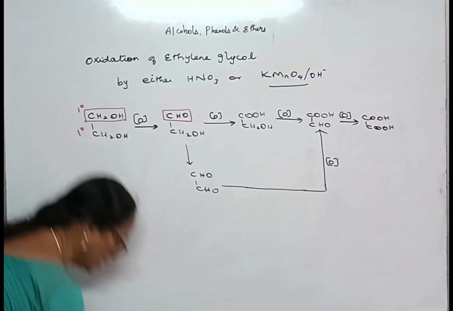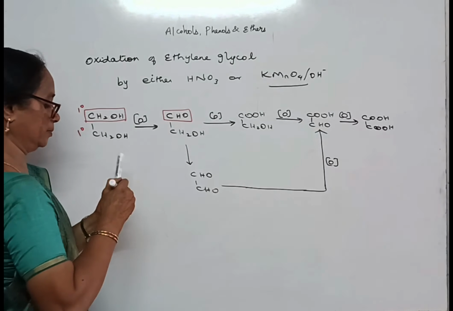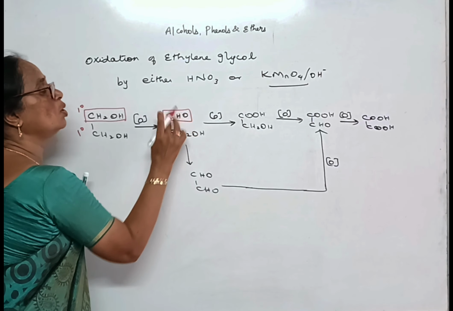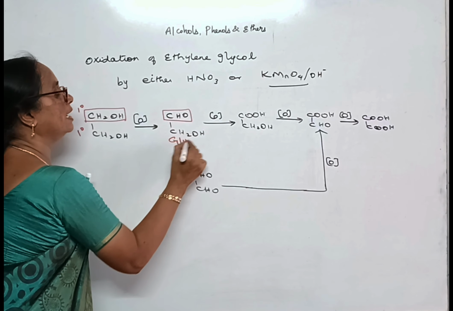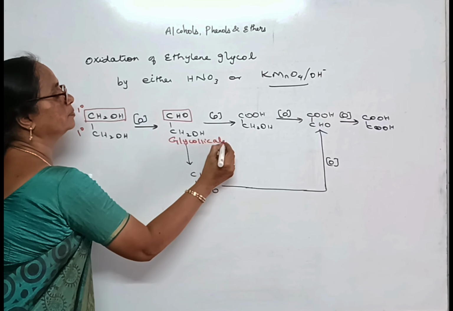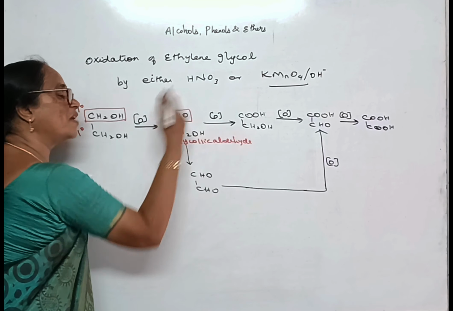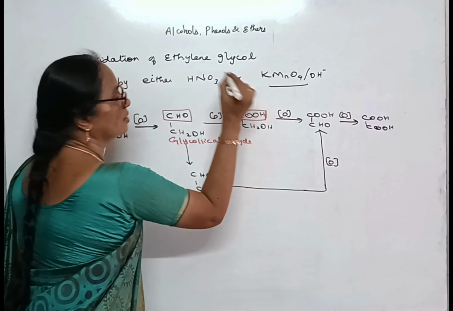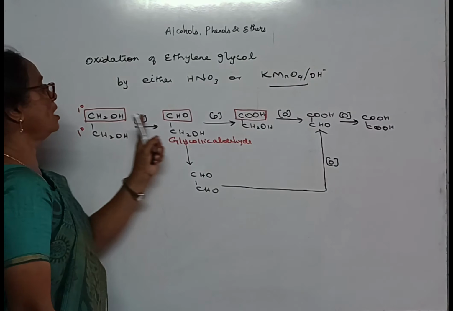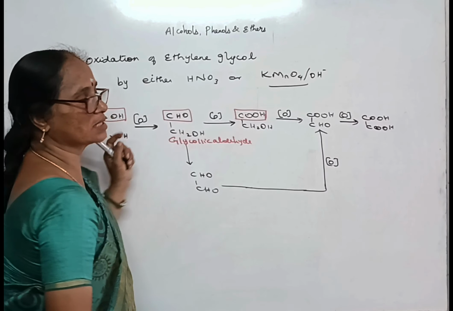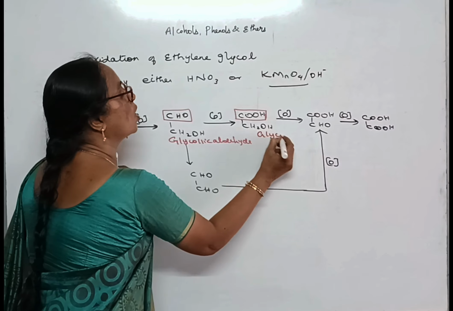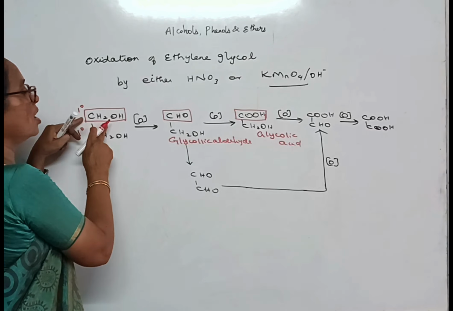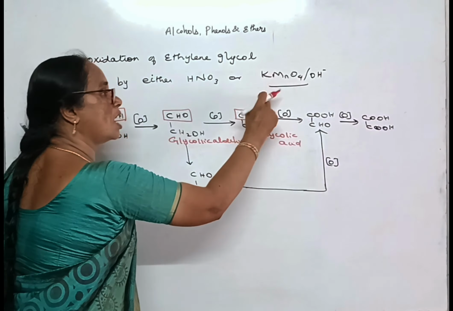So here we are getting glycolic aldehyde. And upon further oxidation, the aldehyde is oxidized to COOH. This is called glycolic acid. The first primary alcohol is converted into carboxylic acid.